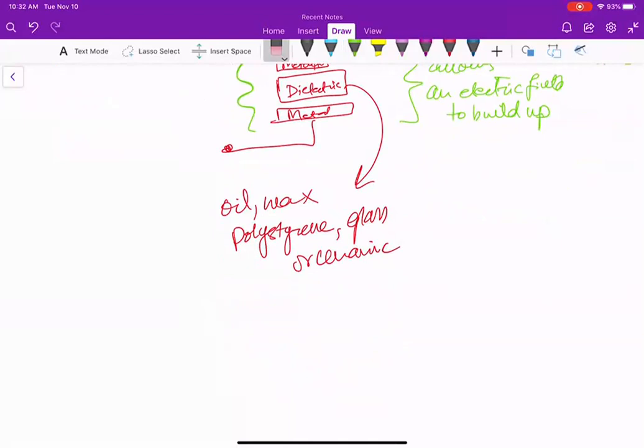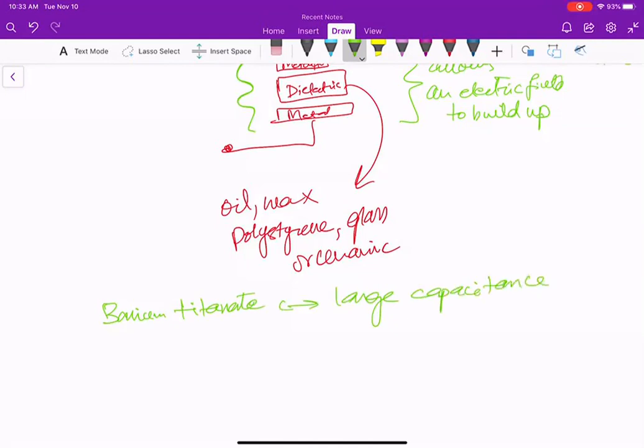Other than that, there is a material, barium titanate, I think. Let me just quickly confirm it. So there are certain dielectric materials that can hold a large capacitance, that can store a charge, among which this barium titanate, I think, ensures a large capacitance.